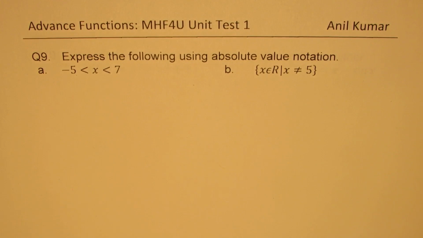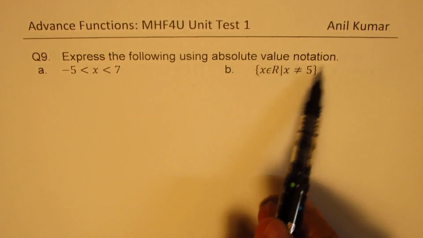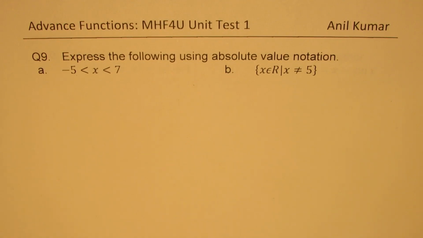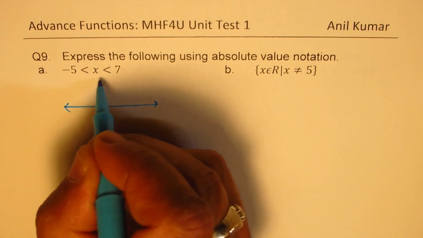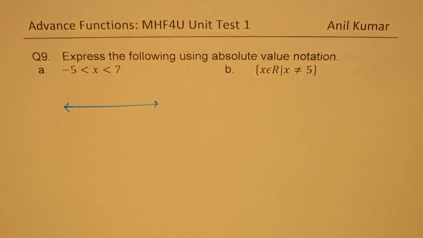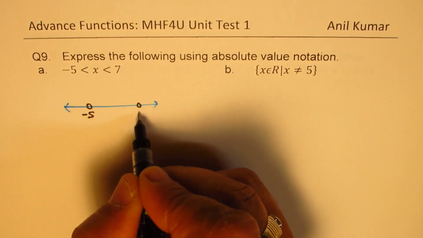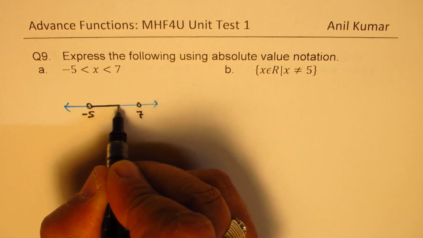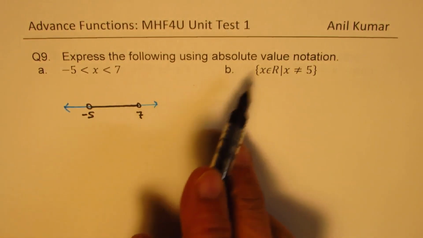So now we have question number 9, which says, express the following using absolute value notation. Now, this one here on a number line, we are saying x is between minus 5 and 7. This set of values. How will you write this as an absolute function?